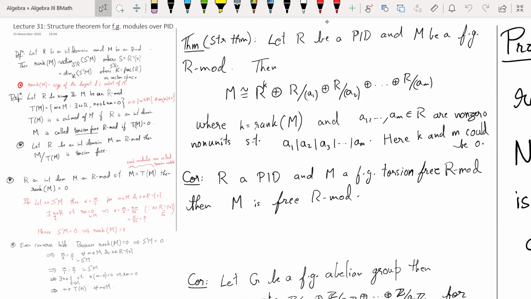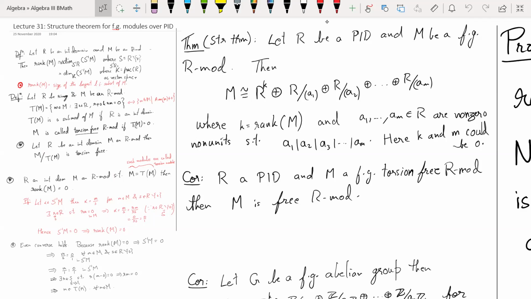Then M is isomorphic to R^k, where k is some non-negative integer, plus R/a1 plus R/a2 up to R/am, where k is the rank of M. Of course k could be 0; if M has 0 rank the statement still holds, but then that factor may not exist.